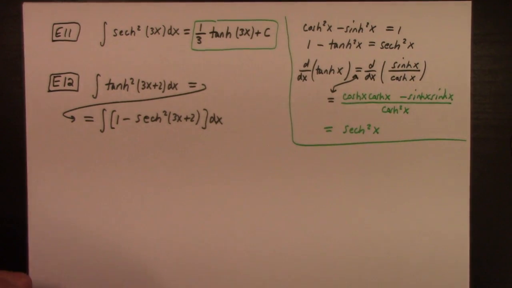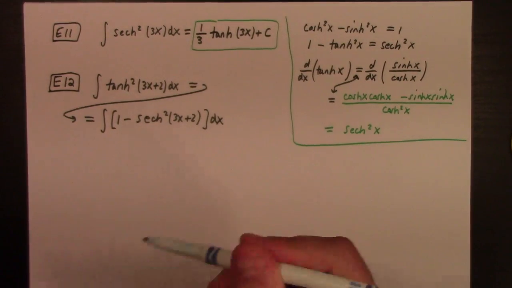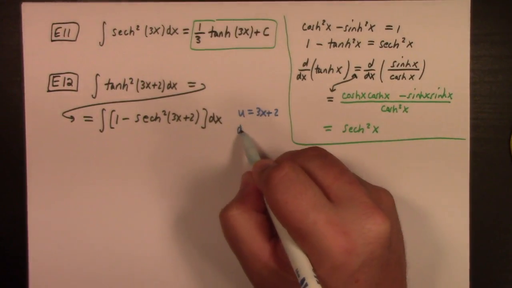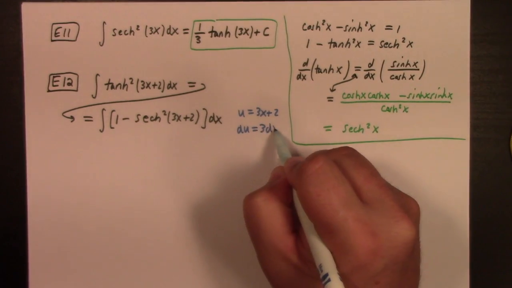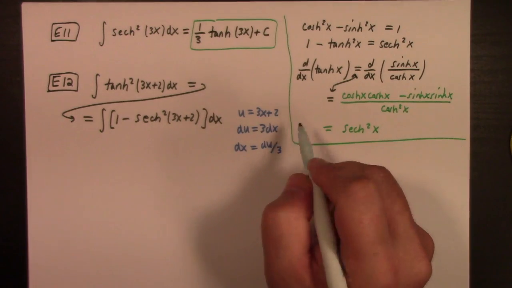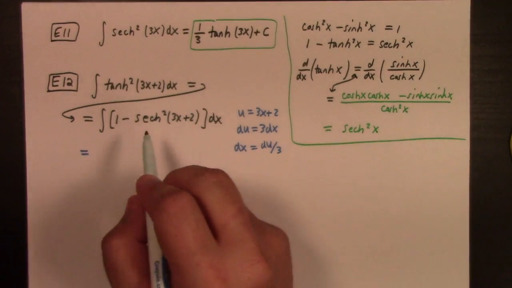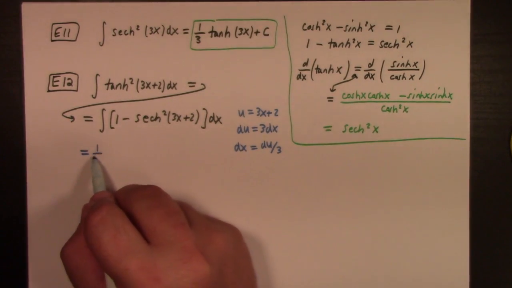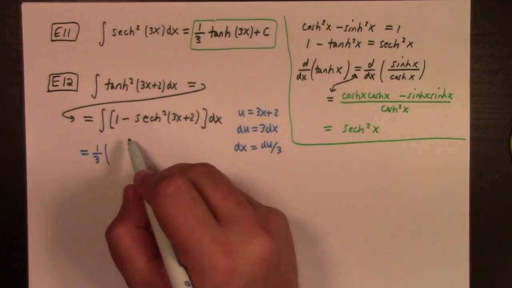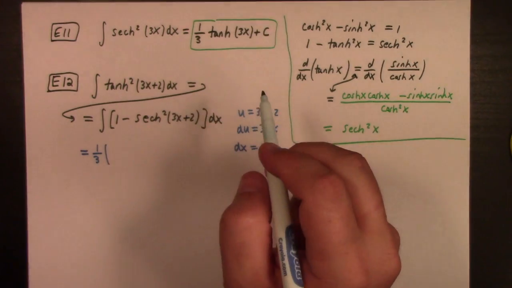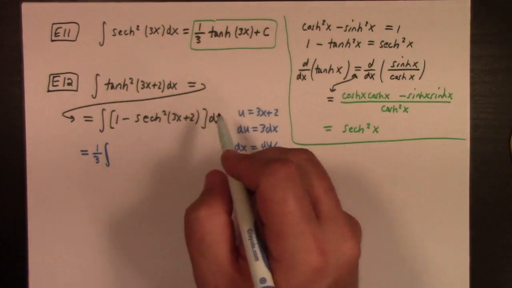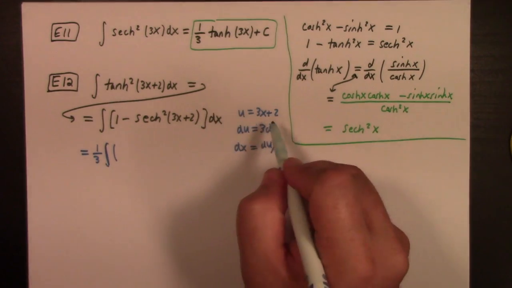Now, finishing blow here, let u equal 3x plus 2, so du is 3dx, or in other words, dx is equal to du over 3. Well, that's not too bad. So I'll pull the 1/3 out front.